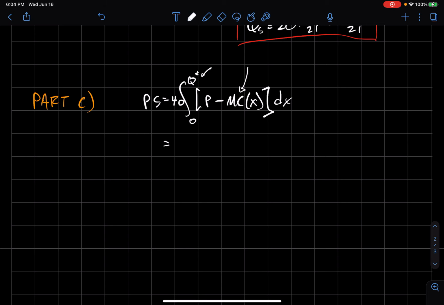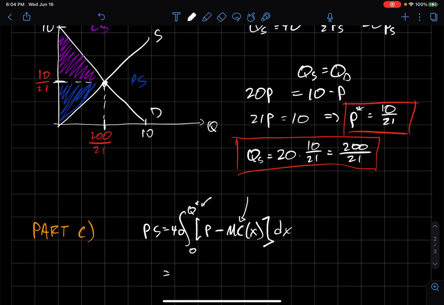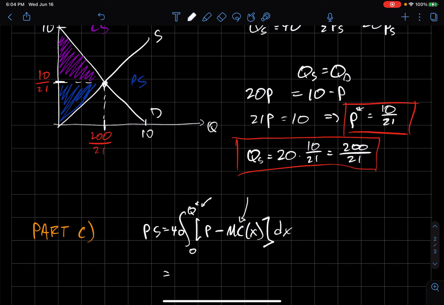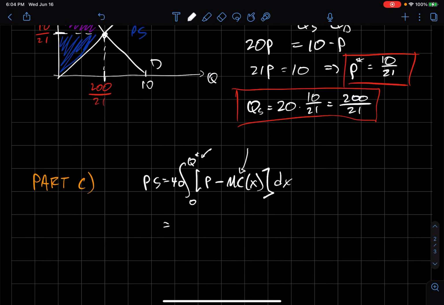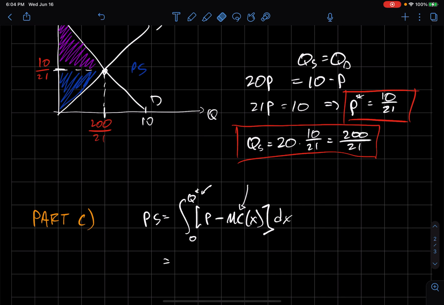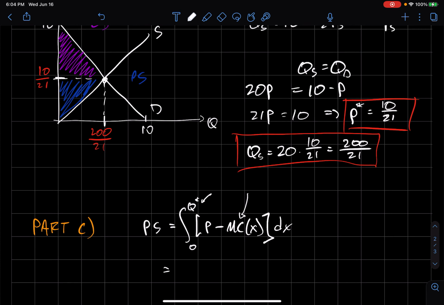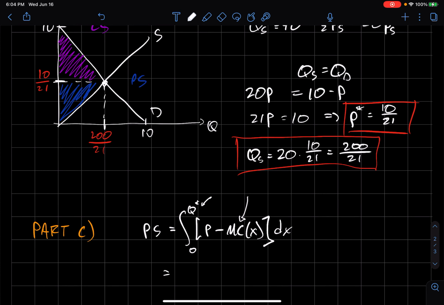So what we can do is realize that the marginal cost curve gives us the individual supply curve. Actually, let me rewrite this. Because the supply curve is coming from the marginal cost curves of the firm, I got a little ahead of myself writing the 40 out front.